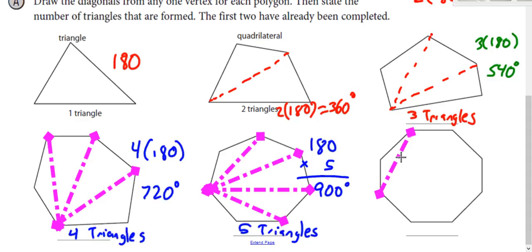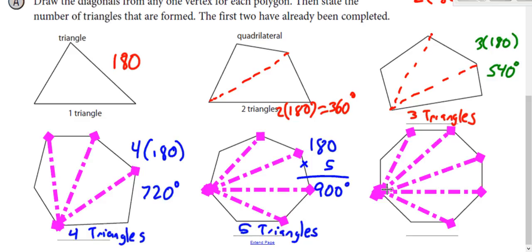And then for our last example here, you get all those triangles, 1, 2, 3, 4, 5, 6 triangles. That's 180 times 6, which is 1,080 degrees.